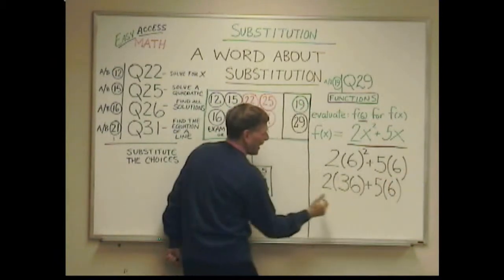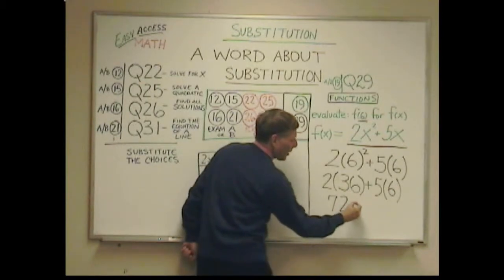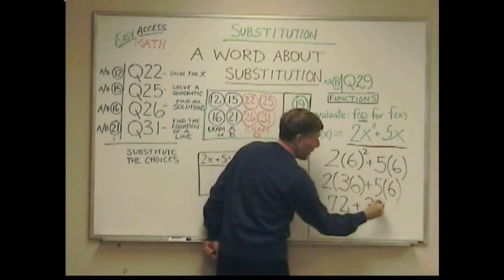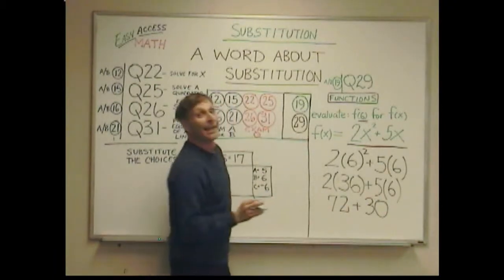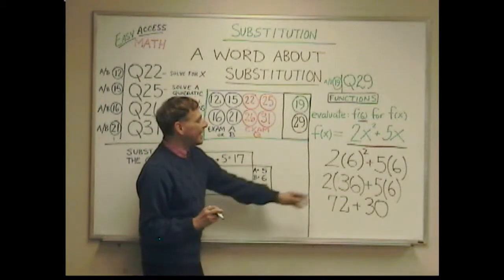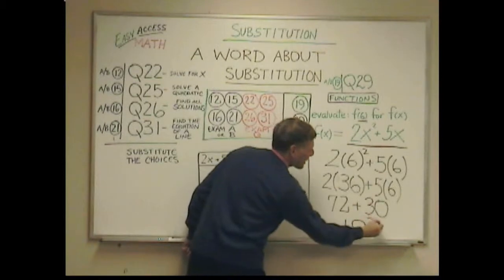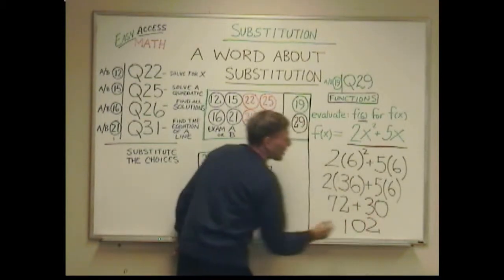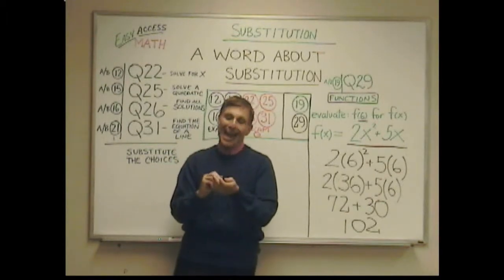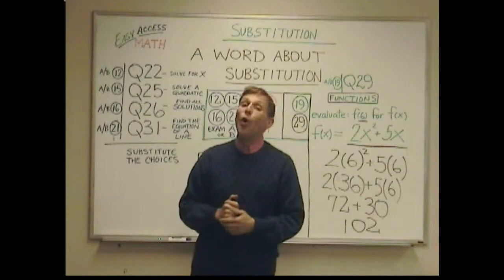Now I'll do my multiplication. 2 times 36 is 72, plus 5 times 6 is 30. Remember, I'm doing my multiplication first, addition last. Order of operations. And 72 plus 30, my answer, 102.